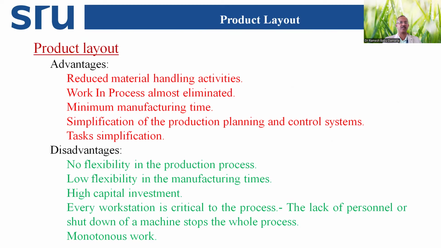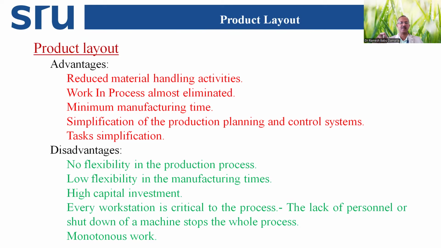However, there are certain limitations. First one is no flexibility in the production process. When you're making a chocolate, the machines are set to make that chocolate. So you cannot use it for a different configuration or composition. Low flexibility in the manufacturing times. So all should flow in the same set. So there is no flexibility. High capital investment, because here each machine is a specialized machine.